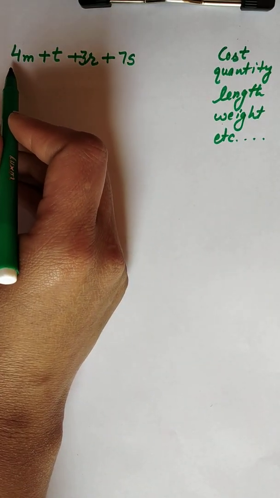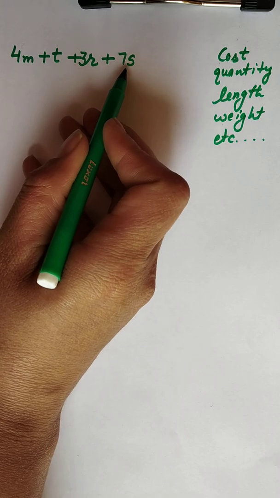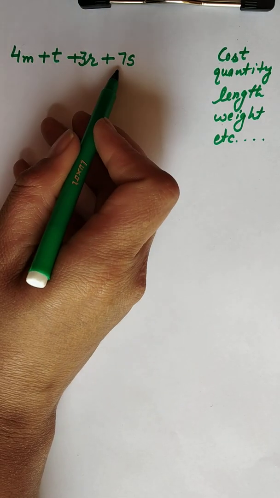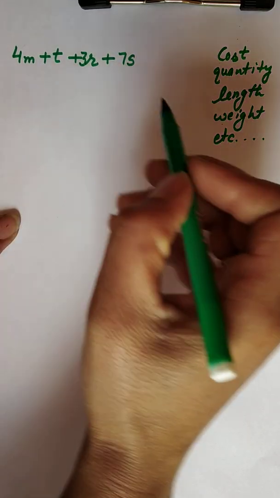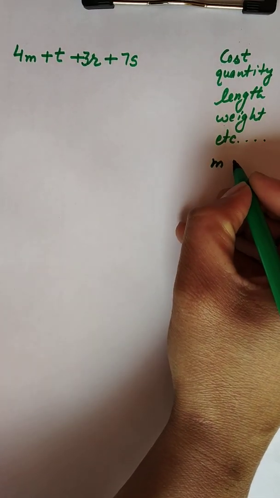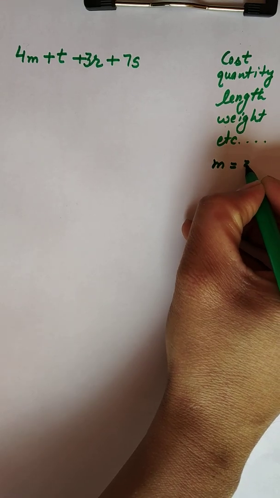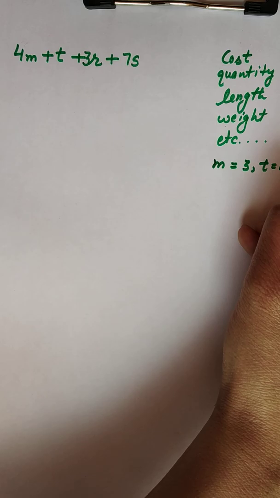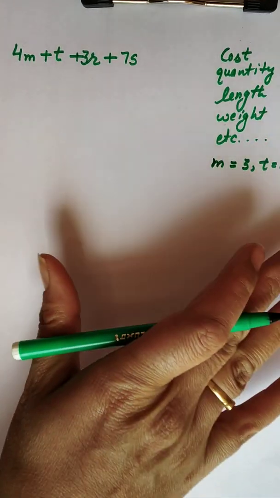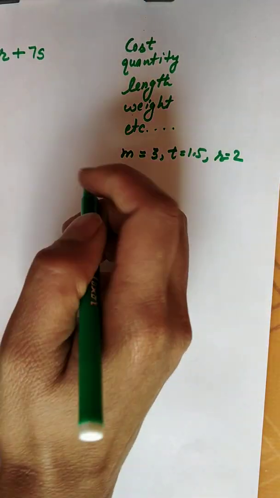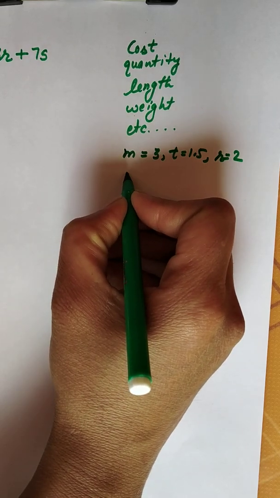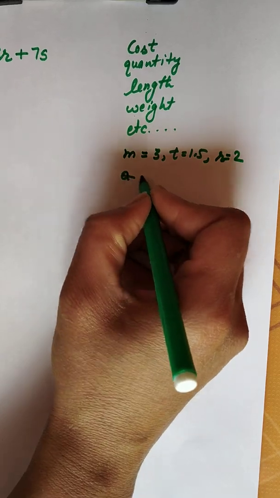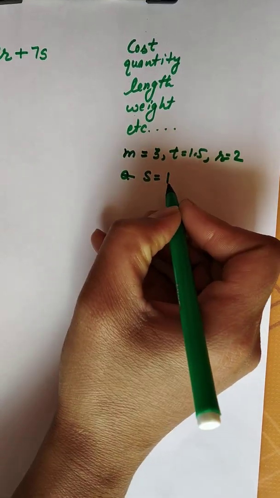Now, we cannot find out the real cost unless we have the cost of each of the different objects. Now suppose, say, M is equal to 3, T is equal to 1.5, R is equal to 2, okay, and suppose S is equal to 1.